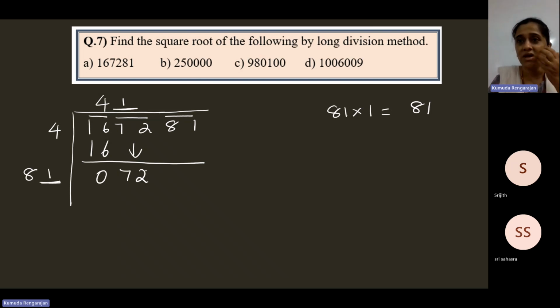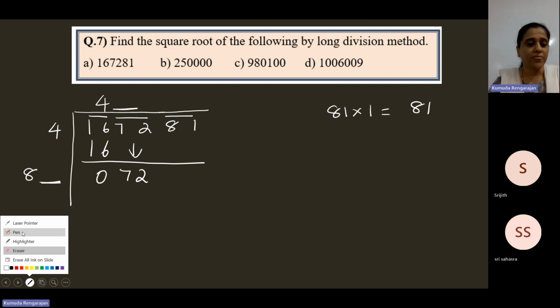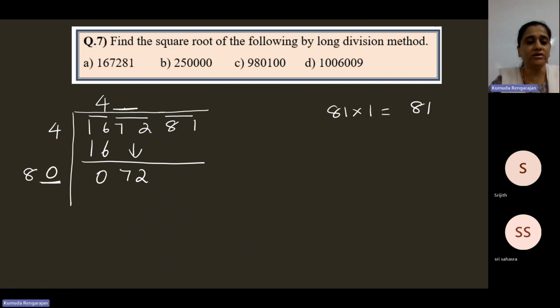That's the smallest, but you can't use that. So, what is smaller than that? 0. So, 0 here, 0 here. And that means 80 into 0 is equal to 0. Now the remainder is 72.